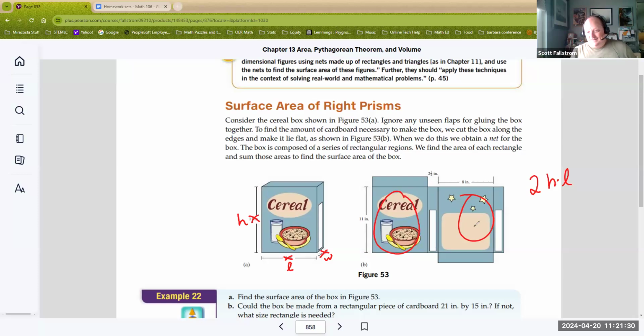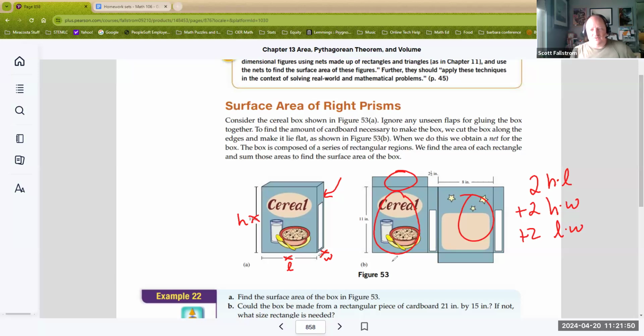And then I need two of the sides. But what are the side pieces? That's the height times the width, plus two height times width, plus what else? Plus two of these, which is plus two length times width, and everything seems fine.